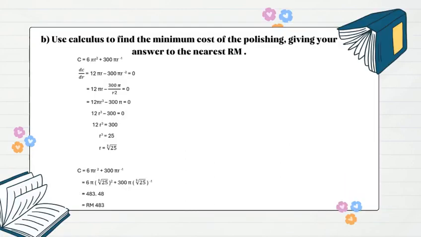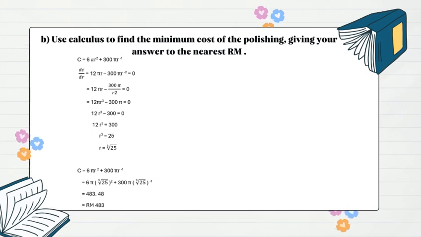Now use calculus to find the minimum cost of polishing. Give your answer to the nearest RM. From this part, we rewrite 300 pi over r as 300 pi r to the minus 1. Differentiating to find a minimum, dC by dr equals 12 pi r, since we take 1 from the power, plus, multiplying by the power again, minus 300 pi r to the minus 2.